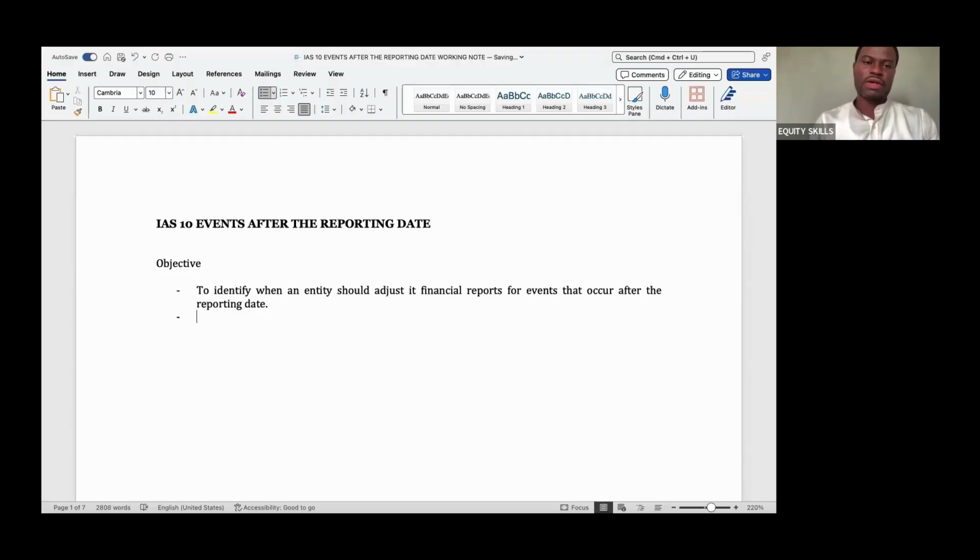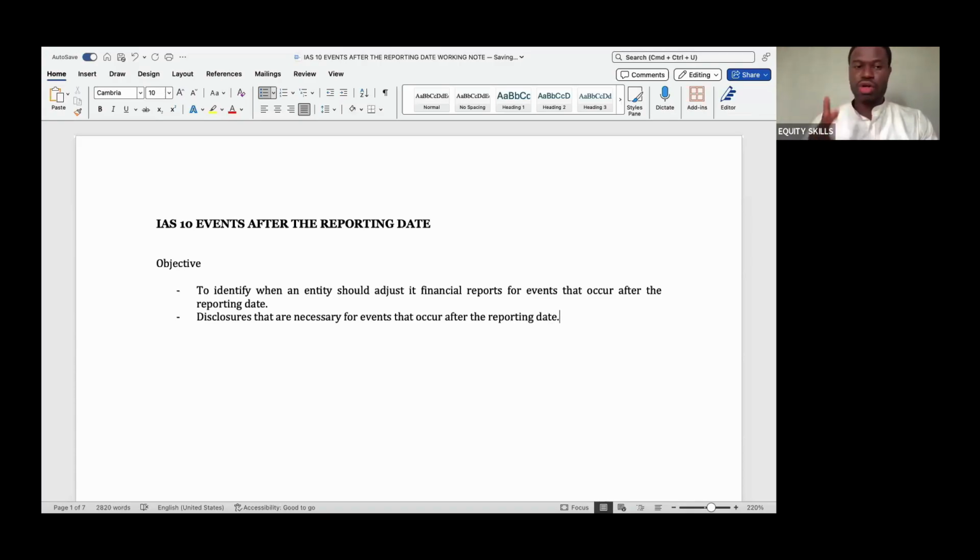And the second objective is disclosures, to identify disclosures that are necessary for events that occur after the reporting date.